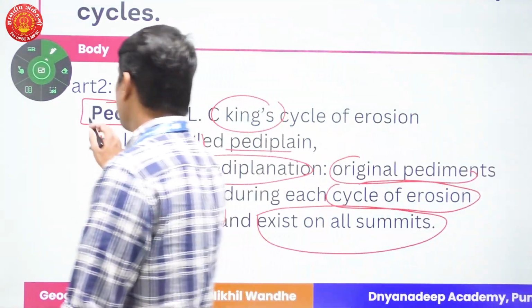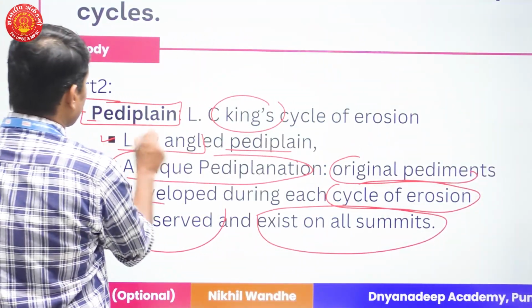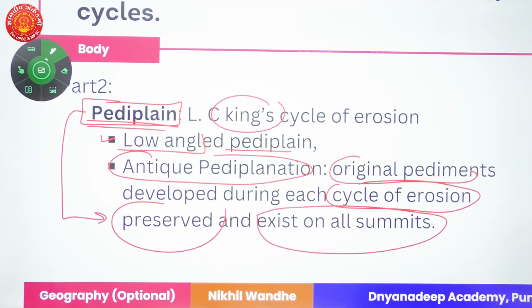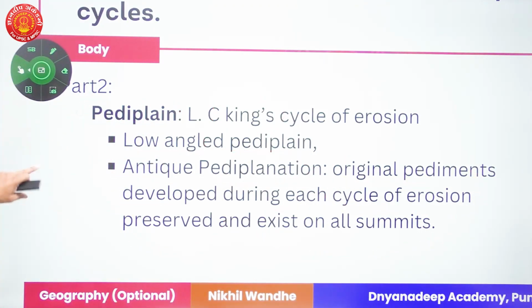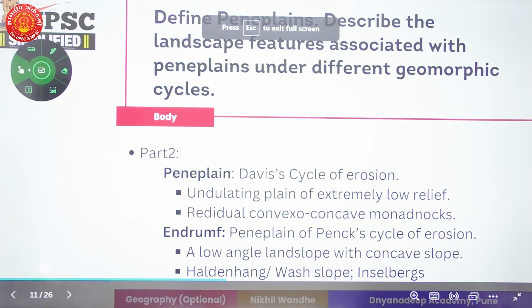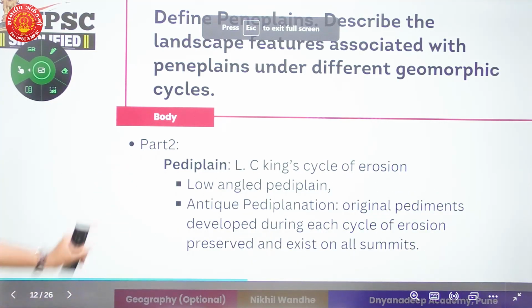So that is the landscape which we find forming along with the pediplains. Clear? So we have seen three cases: peneplain, endrumpf and pediplain.